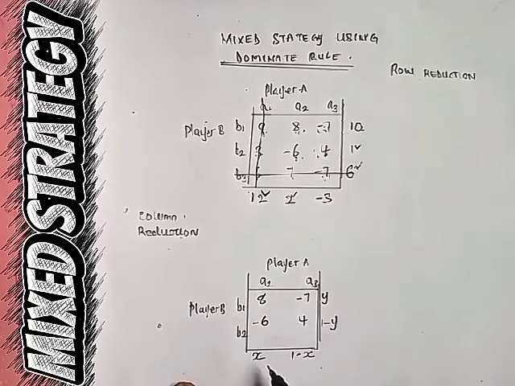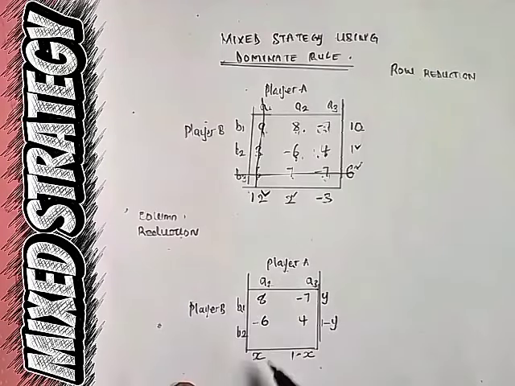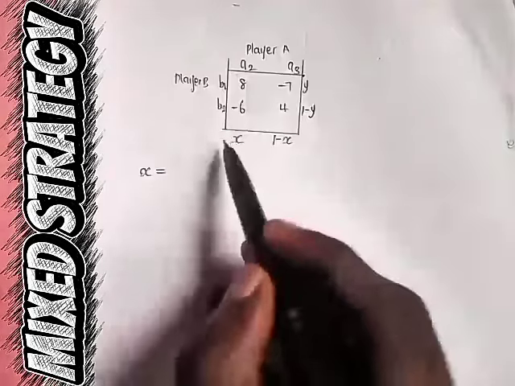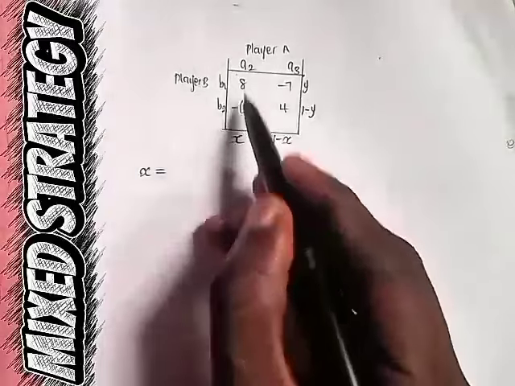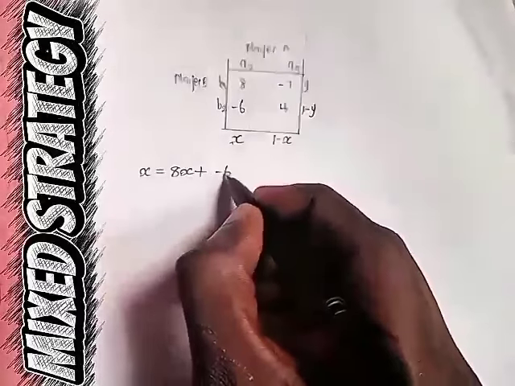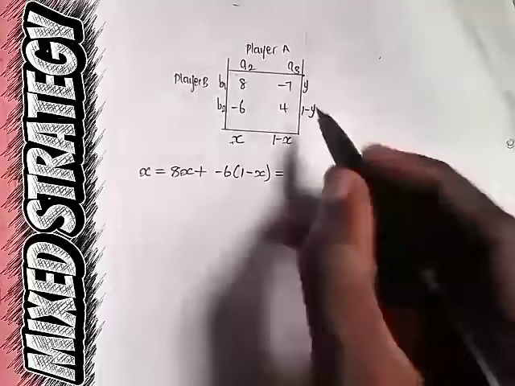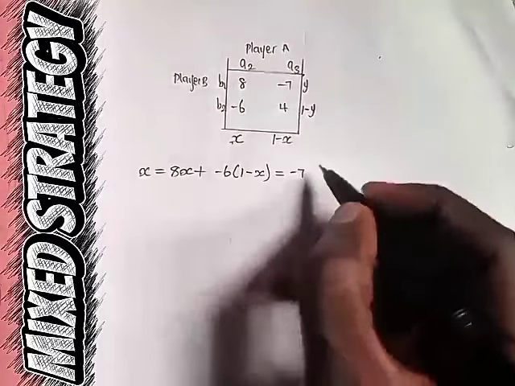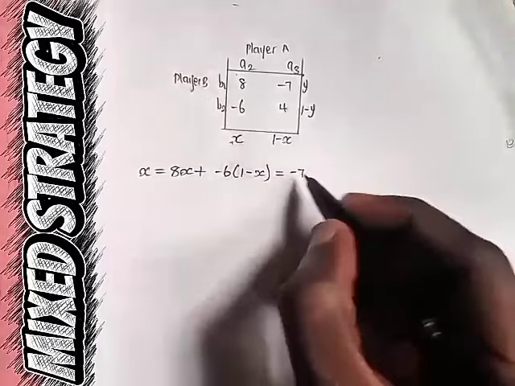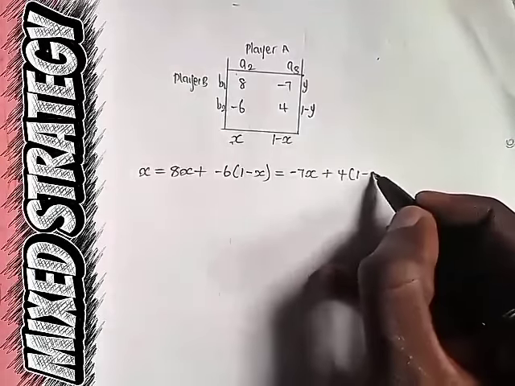So what this means is that let player A play B1 as x and B2 as 1 minus x, and let player B the column multiplied by the rows. 8 multiplied by x is 8x plus -6 multiplied by 1 minus x equals -7 multiplied by x is -7x plus 4 multiplied by 1 minus x.